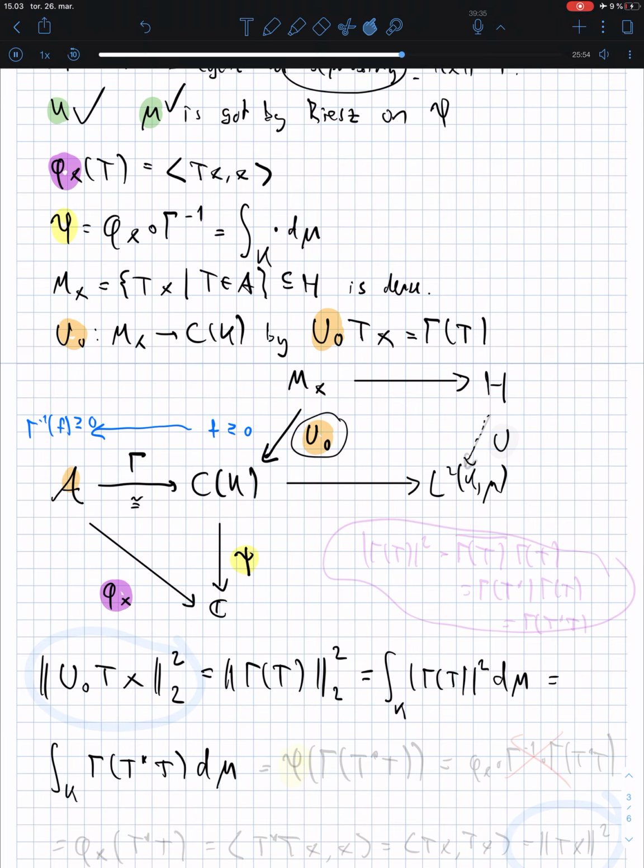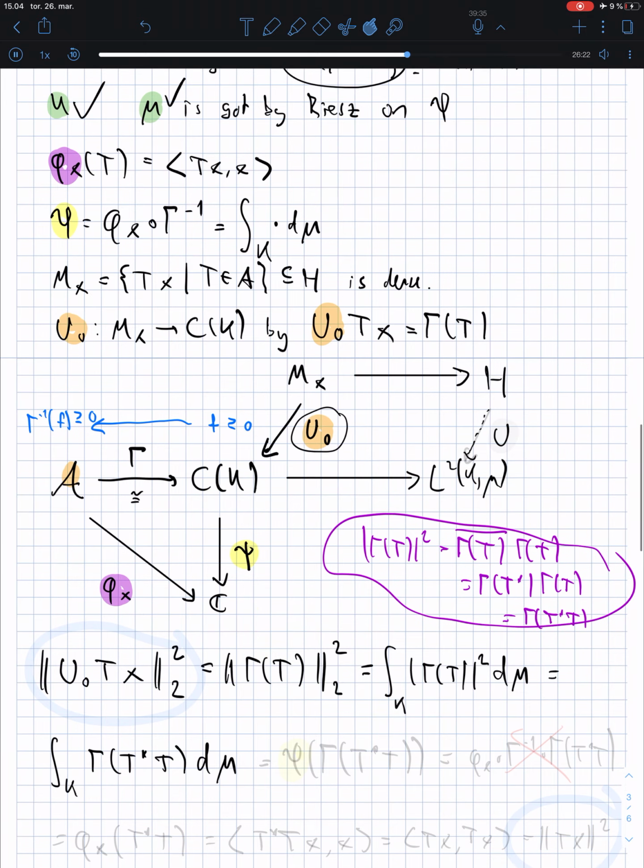Because I'll do that as an aside here. So gamma of T's absolute value squared is gamma of T bar times gamma of T. And since the Gelfand transform, as we've seen, respects stars, this is gamma T star, gamma T, and that is gamma T star T. So that's where this comes from.